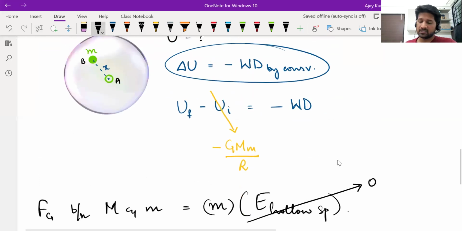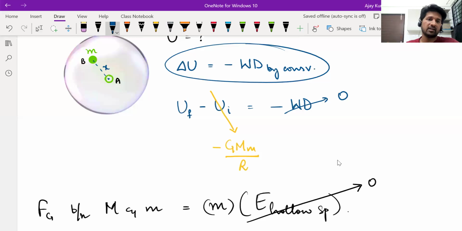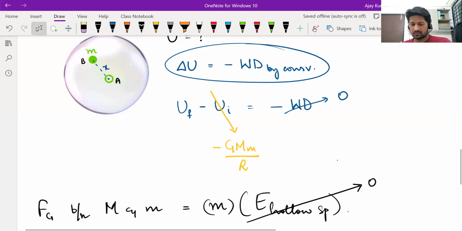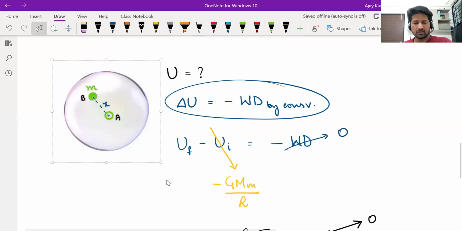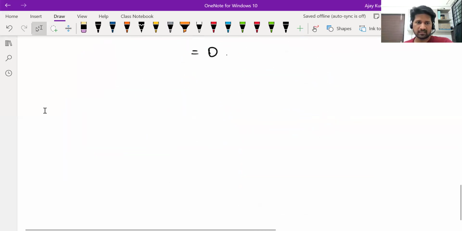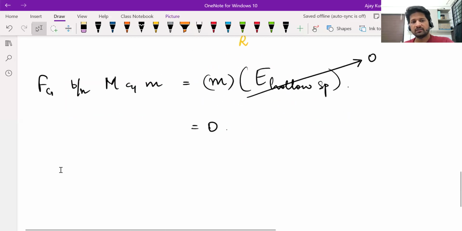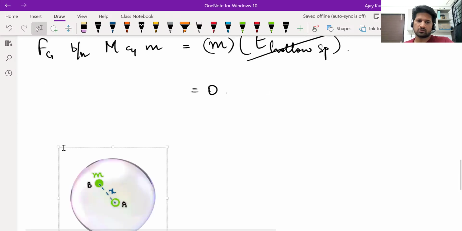And if it does not experience any force, that means gravitational force doesn't do any work at all as the particle is taken from A to B inside the hollow sphere. And if gravitational force isn't doing any work, the potential energy does not change. Therefore, however much the potential energy is at the center of the hollow sphere, the same will be the potential energy even if it is placed anywhere else inside the hollow sphere.